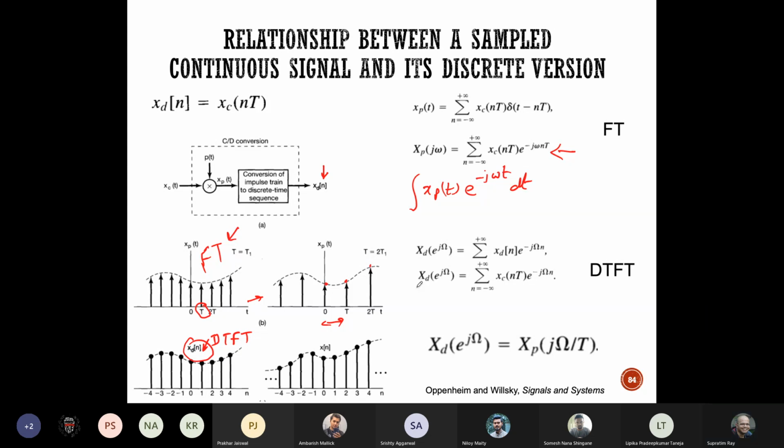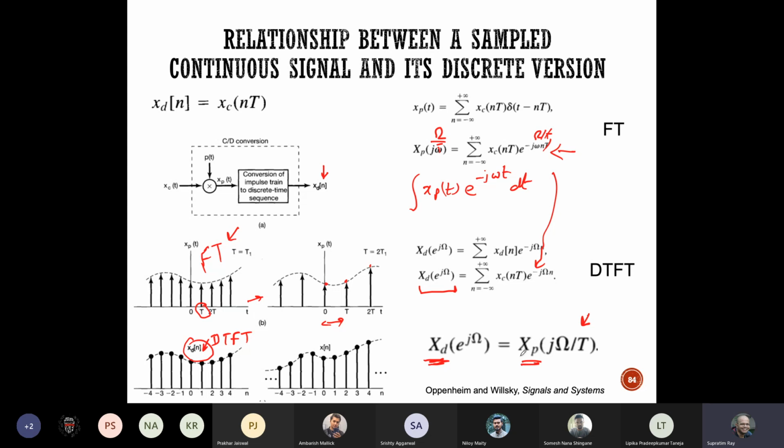So the DTFT here is nothing but the samples of X_p at j omega by T. So I put omega by T here, this T gets cancelled, and I end up getting this. So essentially, the two representations are identical, except that there's a scaling factor, information about T, which gets lost in this.